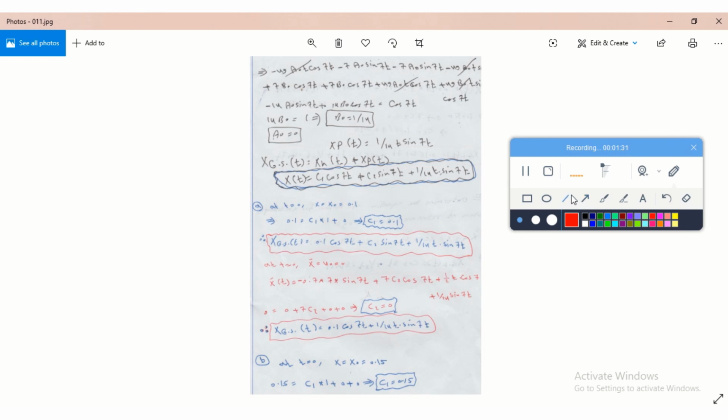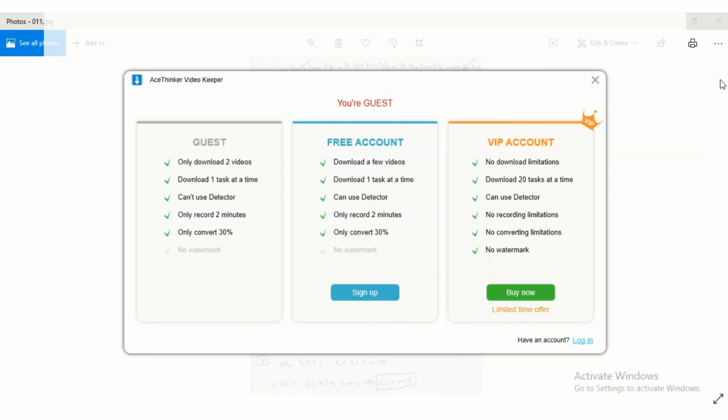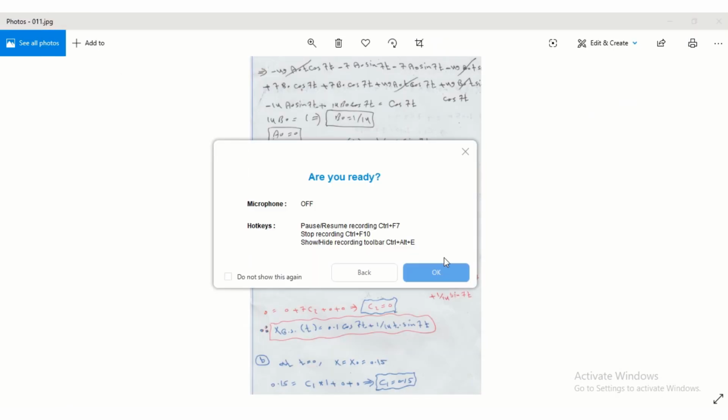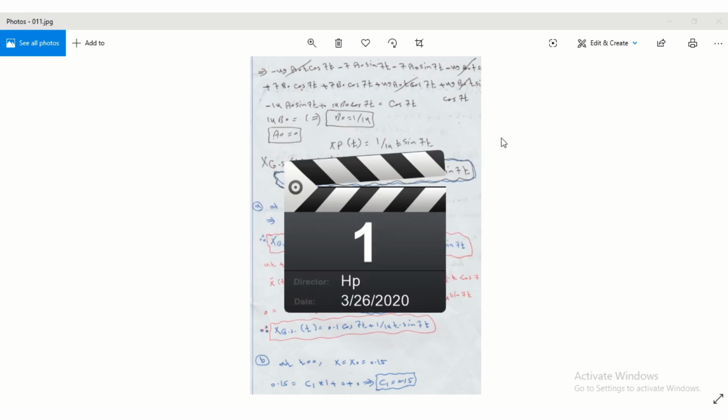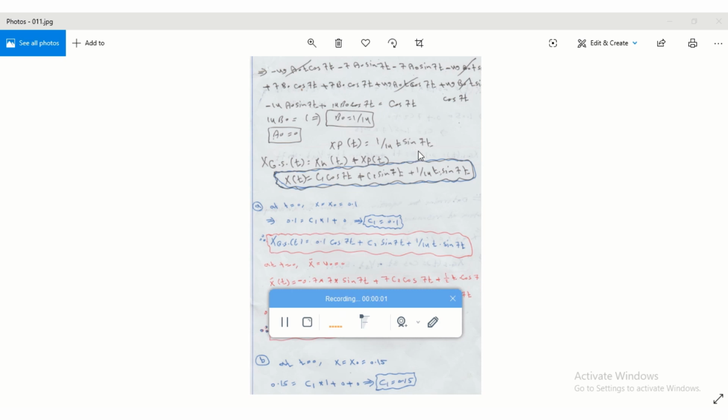After we substitute, as we said before, the right hand side will be cosine 7t. We rearrange these parameters to get it. Actually, the idea here is just to find a naught and b naught that we already assumed in the particular solution. Here b naught is equal to 1 divided by 14, a naught is equal to 0. We will substitute it in the assumed XP. So the particular solution is 1 over 14 t sine 7t.